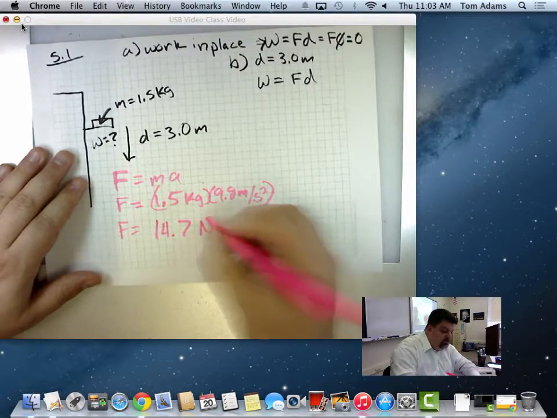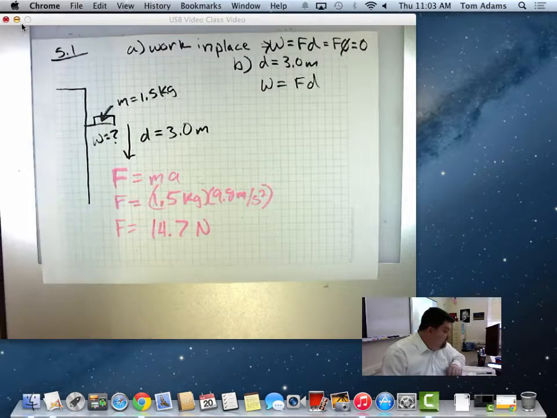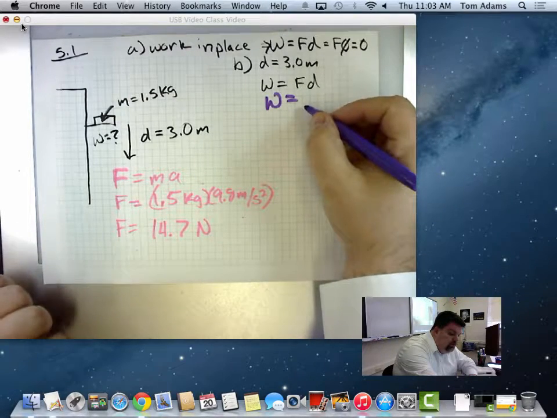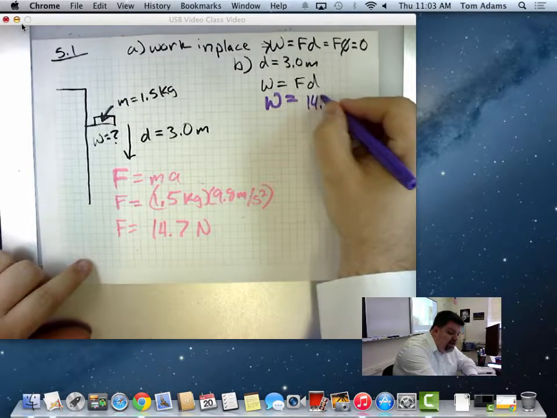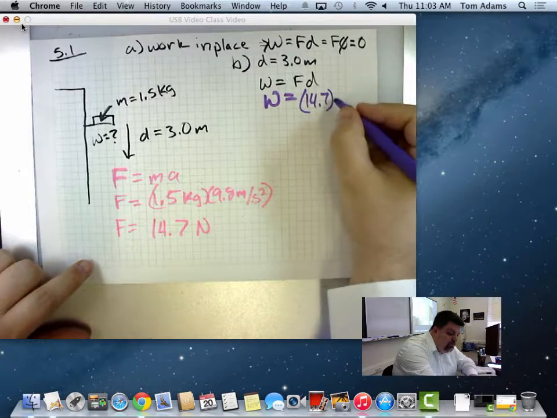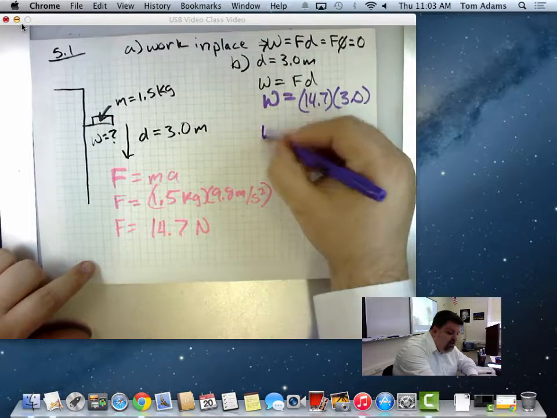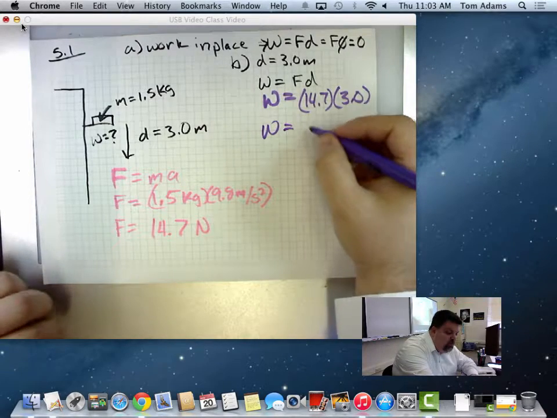So what I have here, guys, is 14.7 newtons. To calculate the work, my work is going to be equal to 14.7 times the displacement, which is 3. And we know that the unit for work is joules.